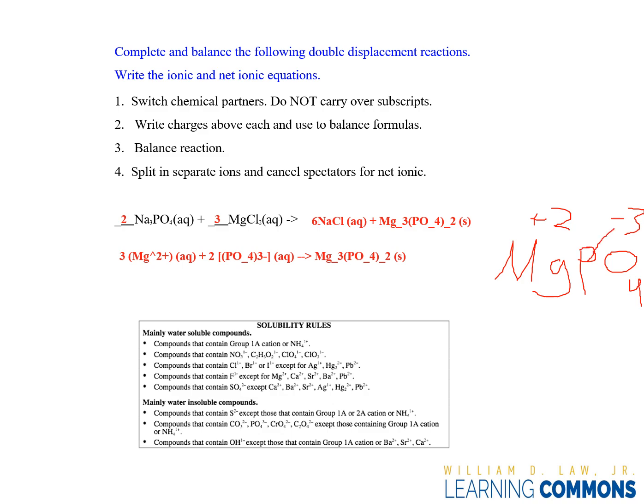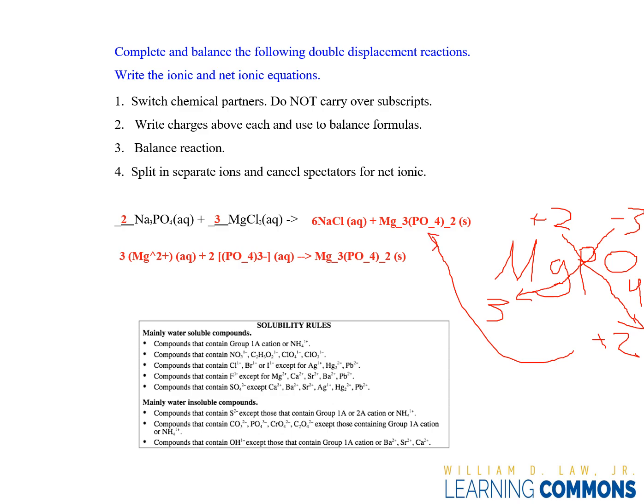I put the 3 here to the magnesium, and the 2 to the phosphate. I end up with the final formula: magnesium 3 and phosphate 2.